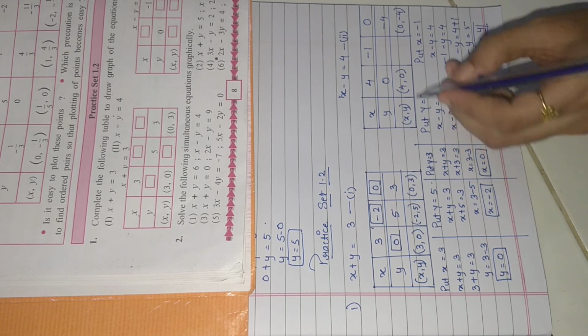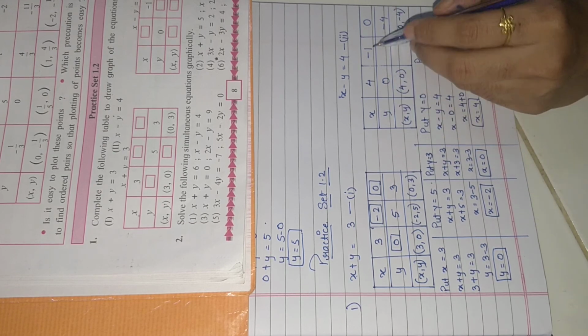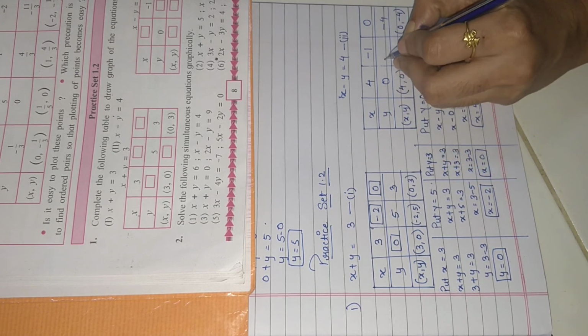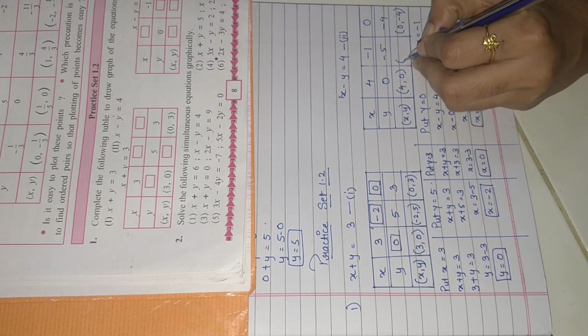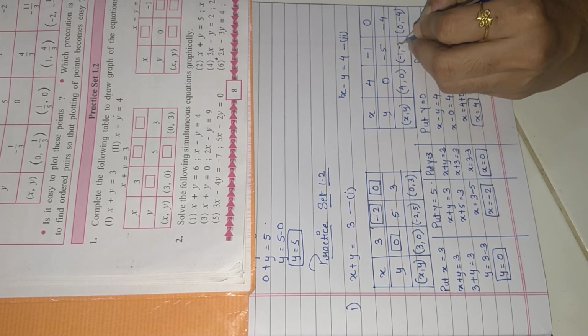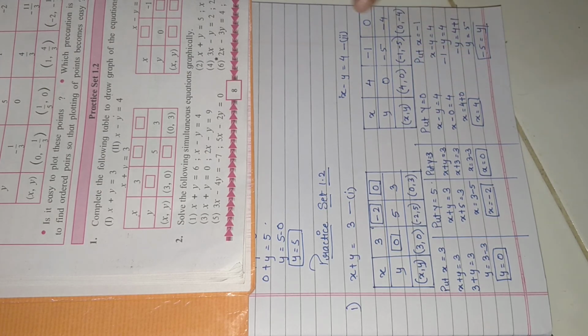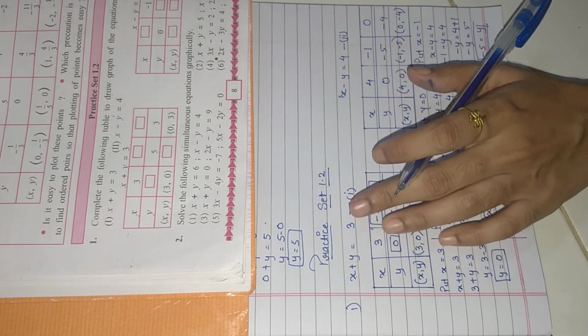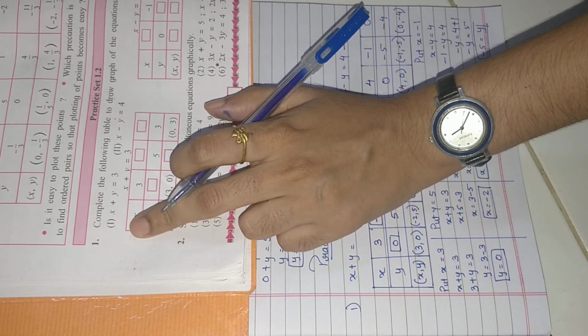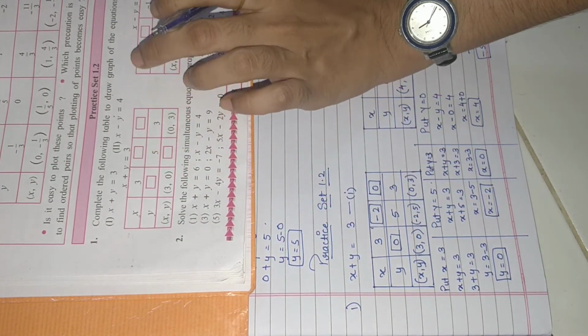Clear? So when your x was minus 1, the value of y is minus 5. Clear? So the coordinates are minus 1 and minus 5. The third one they have already done for you. So this is about practice set 1.2, the first one, the activity which they had asked you to solve.